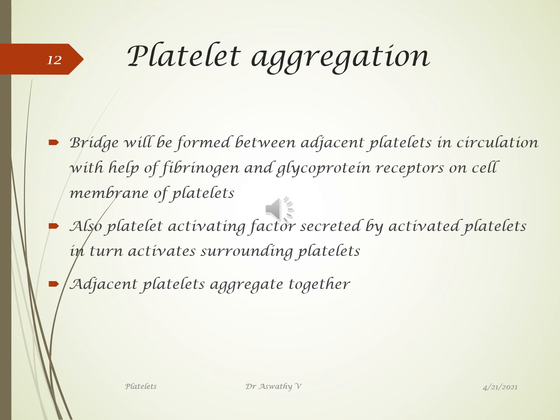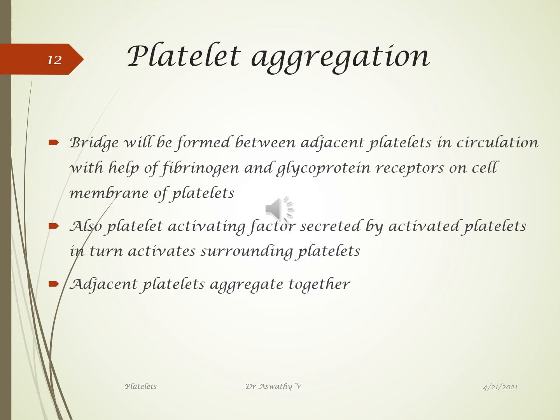Fibrinogen protein will actually bridge between glycoprotein receptors on the cell surface of the platelets, and this bridge gives rise to clubbing or aggregation of the activated platelets at the site of disruption of endothelium.